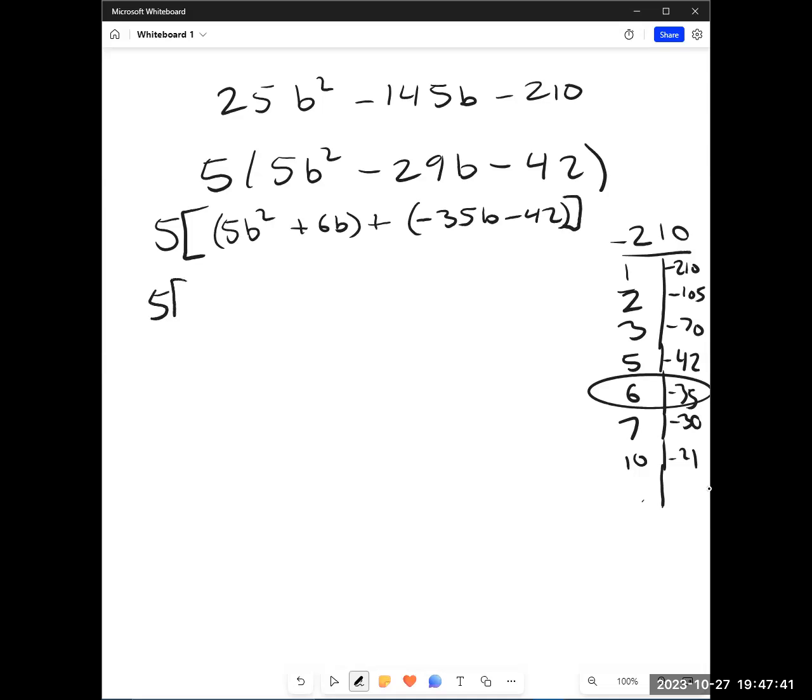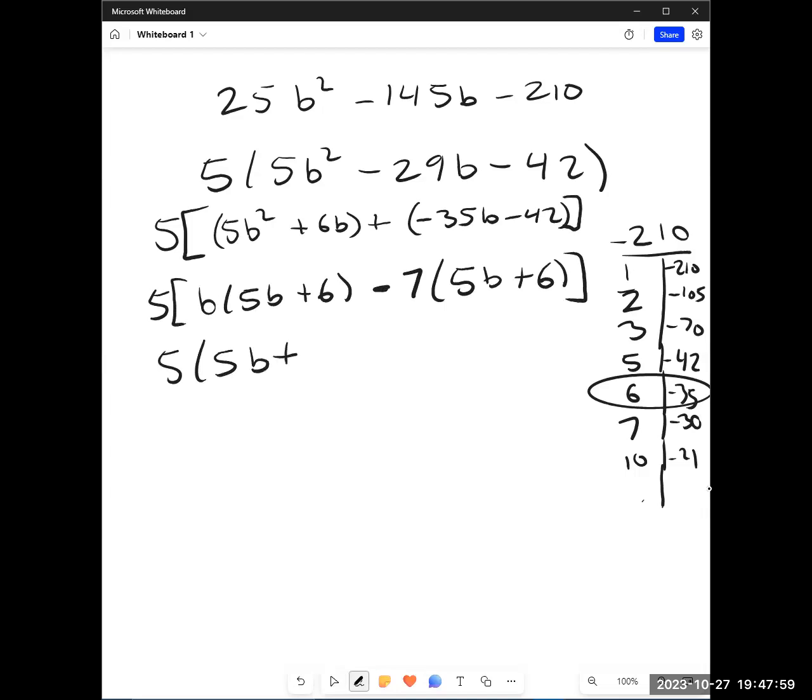Five times b, 5b plus 6, negative 7. 5 times 5b plus 6 times b minus 7.